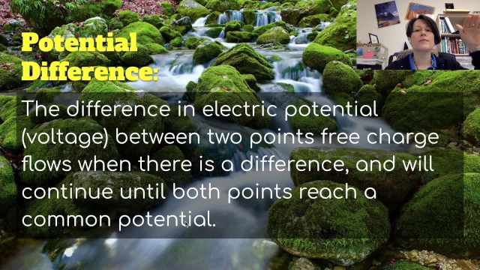And so we have to have a difference in height. If there is no difference in height, the water won't flow. If the land was level, there would be no flow of the water. But because the land is tilted and there is a difference in potential energy from here to here, the water will flow freely. And that is true of electrical charge as well.